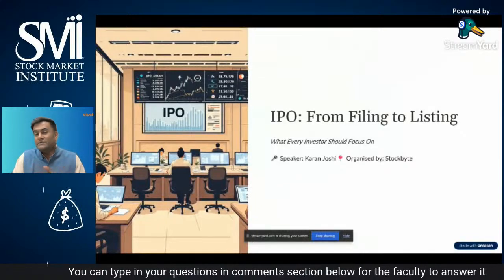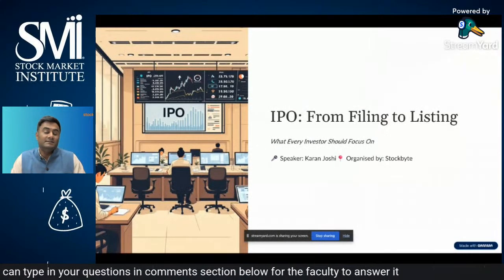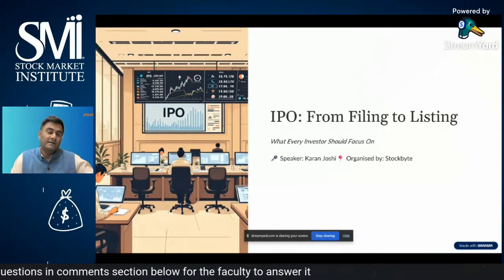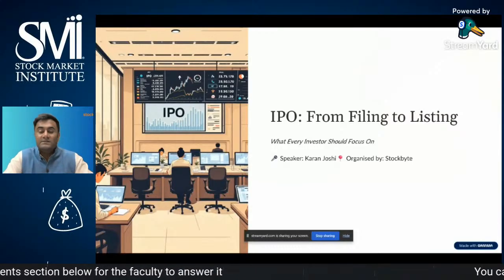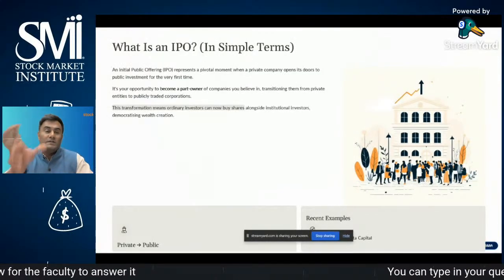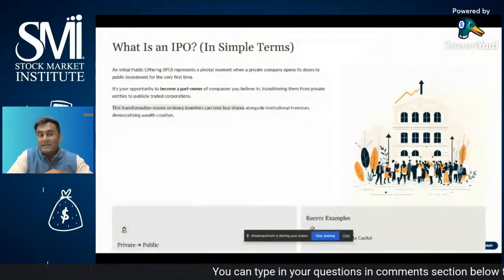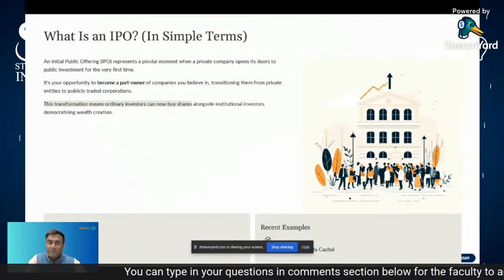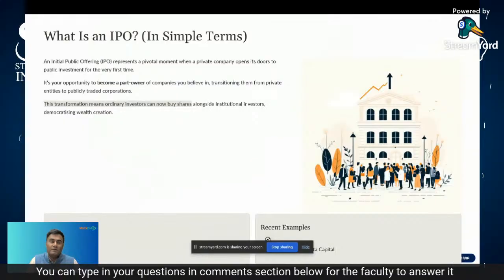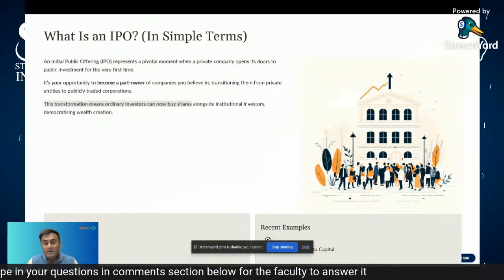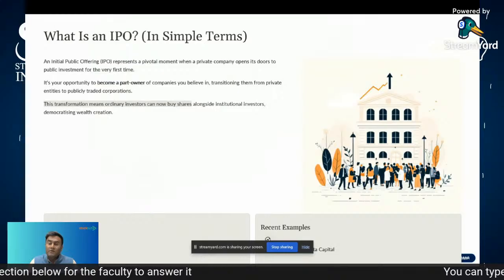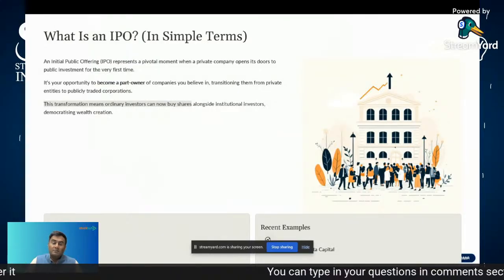So, friends, let us start with this. IPOs from filing to listing. Now, we'll try to cover as many points as we can. So, what is an IPO in simple terms? It's an initial public offering. We all know what the term IPO stands for, but it represents a pivotal moment for that private limited company, wherein it becomes public.